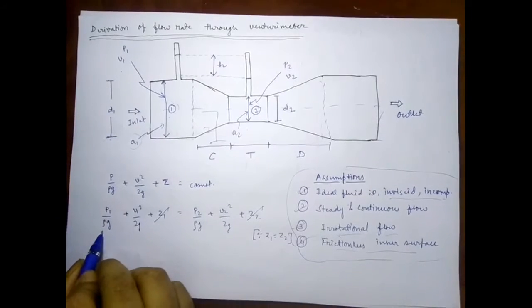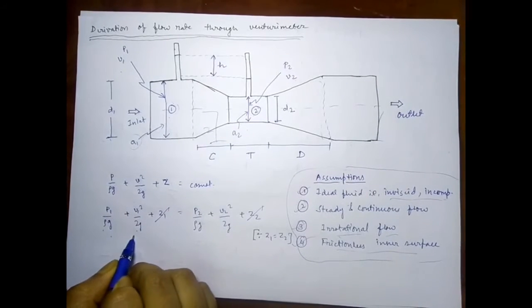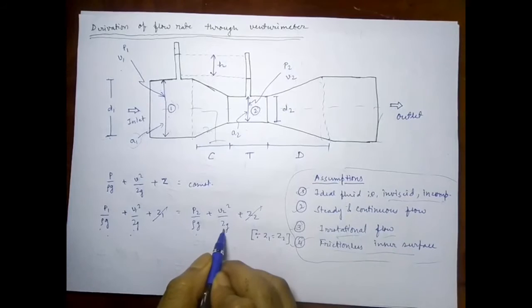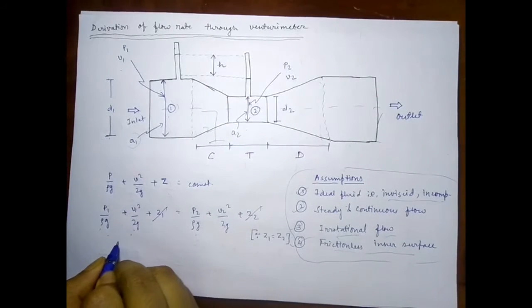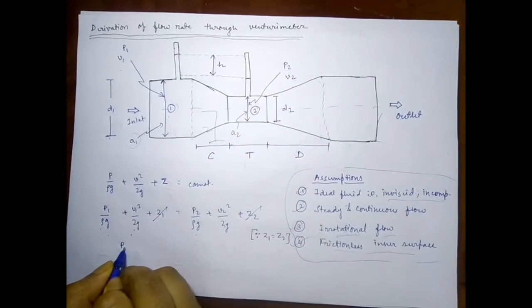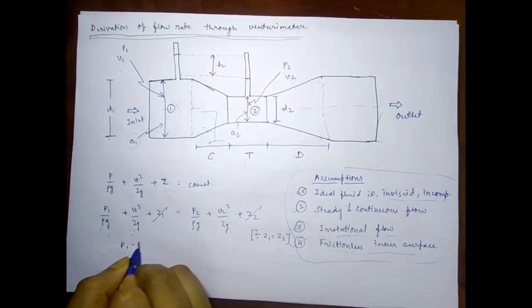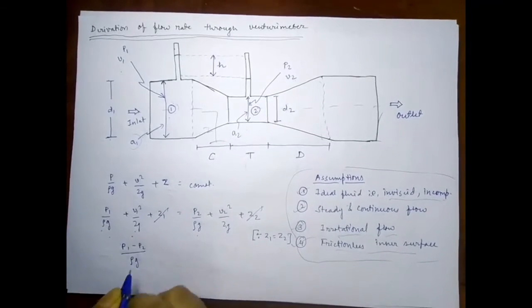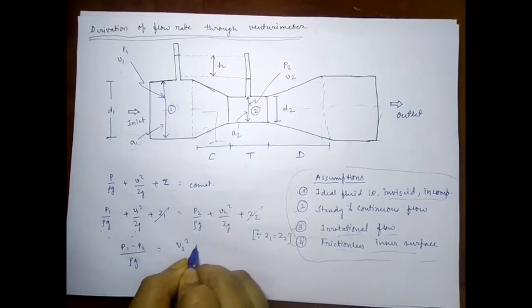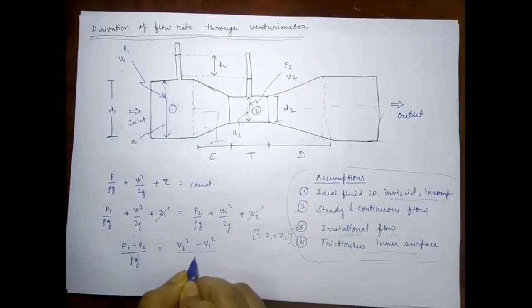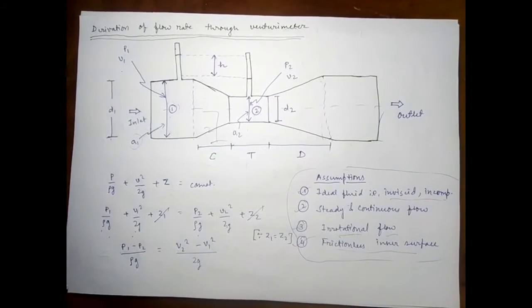So I will get P1 upon rho g plus V1 square upon 2g equal to P2 upon rho g plus V2 square upon 2g. Let's keep the pressure on one side and the velocity heads on the other side. P1 minus P2 upon rho g will be equal to V2 square minus V1 square upon 2g.